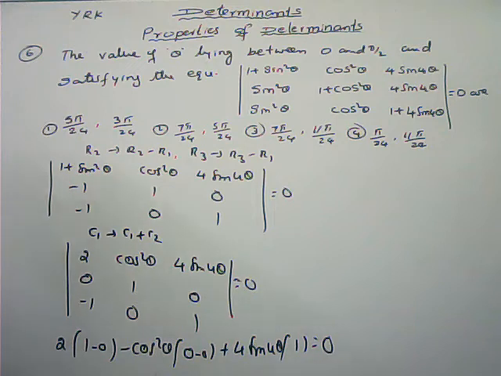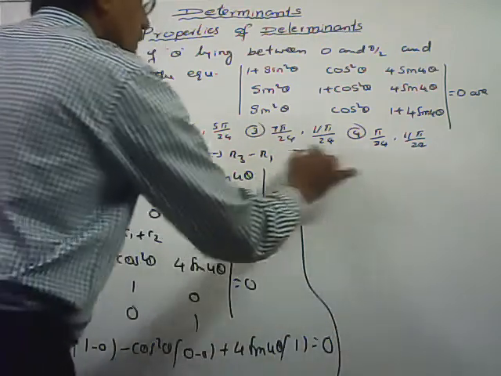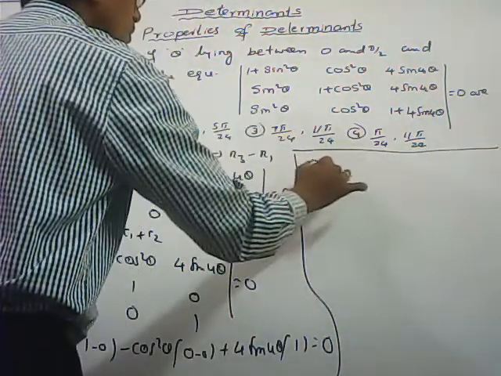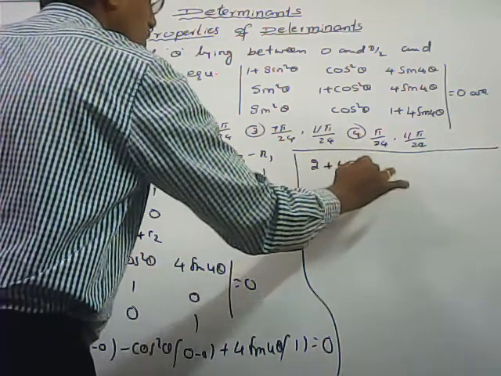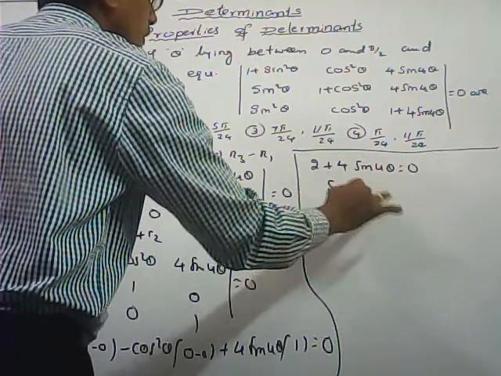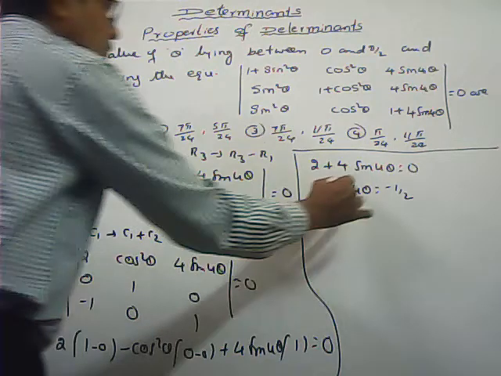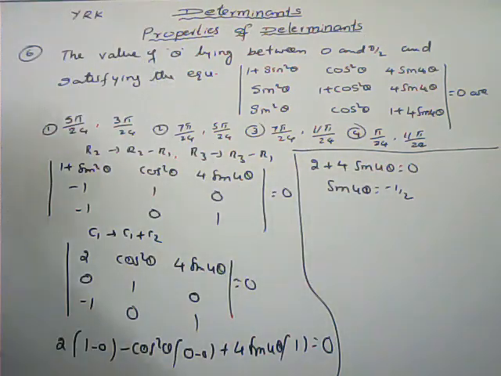So 2 plus 4 sin 4 theta equals 0 we got. 2 plus 4 sin 4 theta, that is equal to 0. So sin 4 theta is equal to minus 1 by 2. Sin 4 theta is equal to minus 1 by 2.